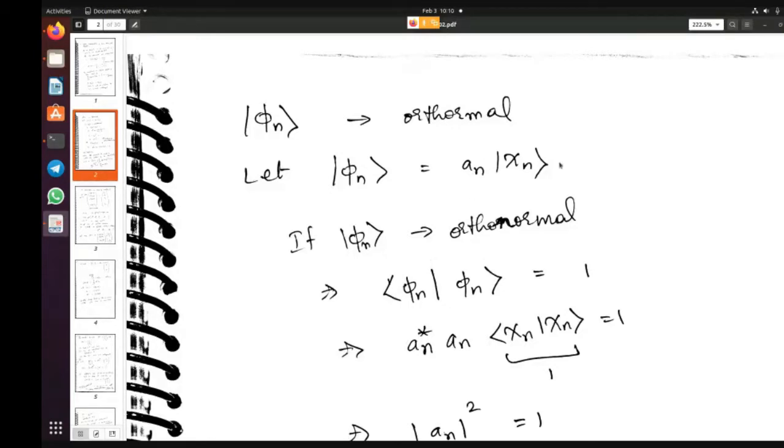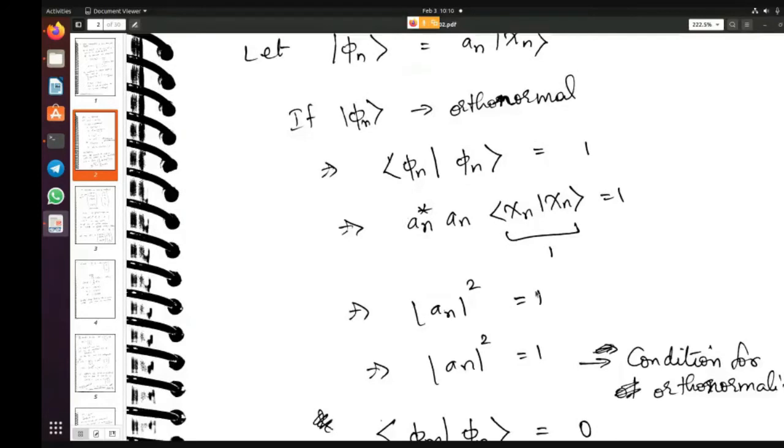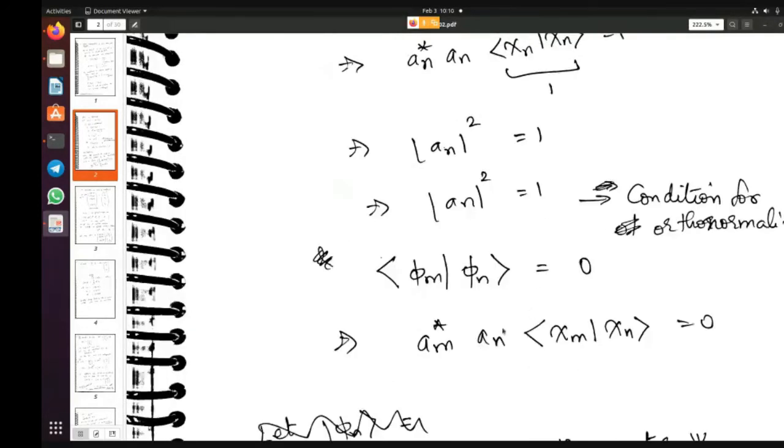You can write a n chi n, and instead of the bra phi n, you will have a n star chi n, and instead of the ket phi n, you will have a n into chi n. Okay, so this is going to give you 1, and so a n square is going to give you 1. So the condition for orthonormality would be that the square of the coefficient should give you 1. And if it is a scalar product with two different state vectors, it will give you 0.